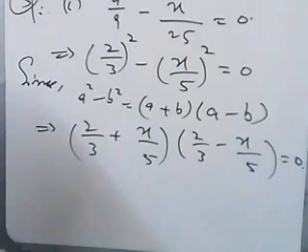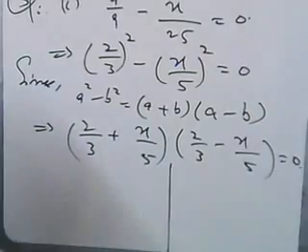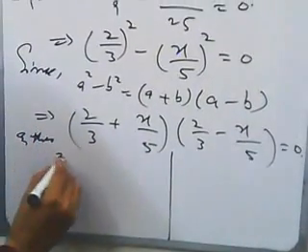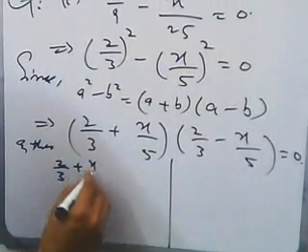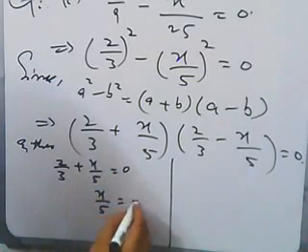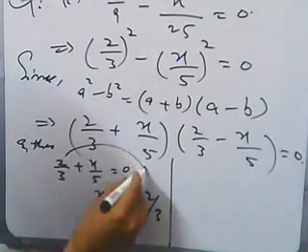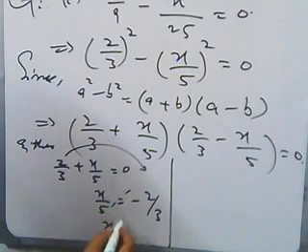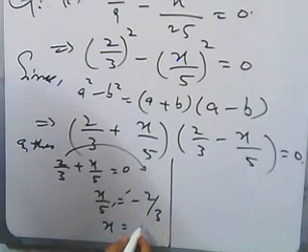So we have to find the value of x, because either 2 by 3 plus x by 5 is equal to 0, so x by 5 is equal to minus 2 by 3, because we have to shift here, and by using cross multiplication, x is equal to 5 multiplied by 2, 5 twos are 10 by 3.